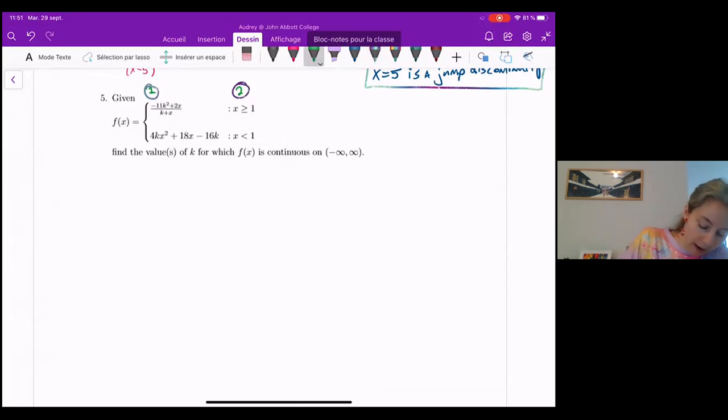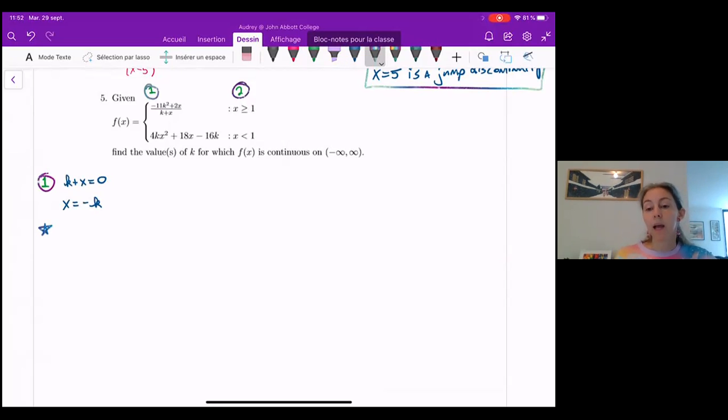So for my first step, division by 0, that second function is not important. There's no possible division by 0. There is no division. In the first one, I have k plus x. So x is equal to negative k. And what this tells me is there is a discontinuity at x equals negative k if negative k is on that interval.